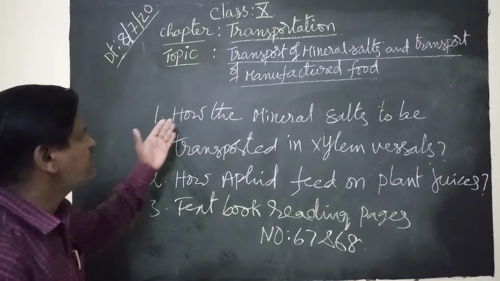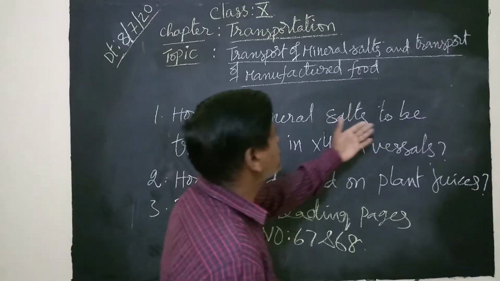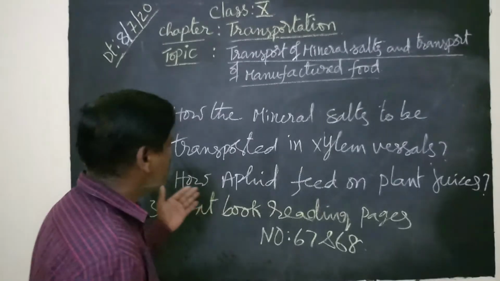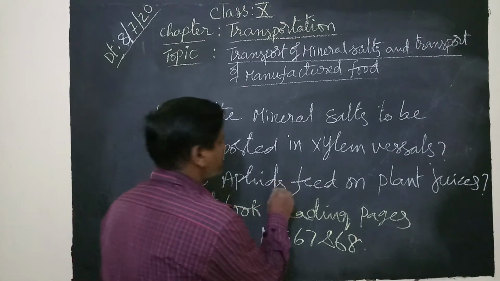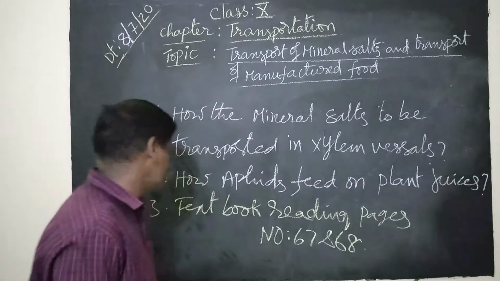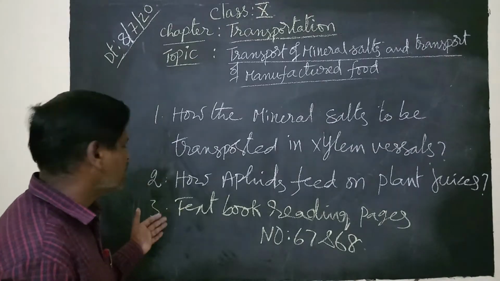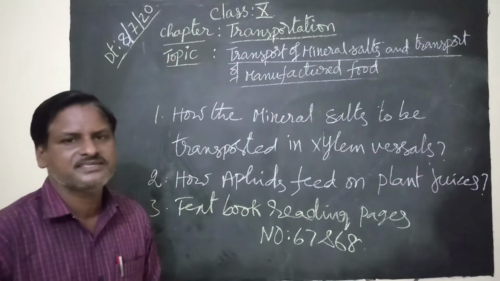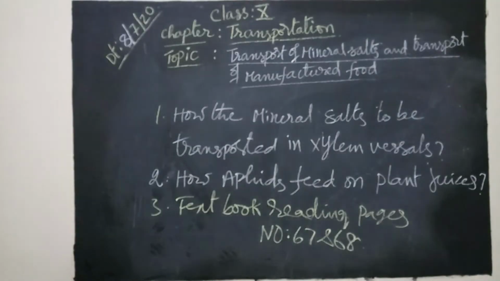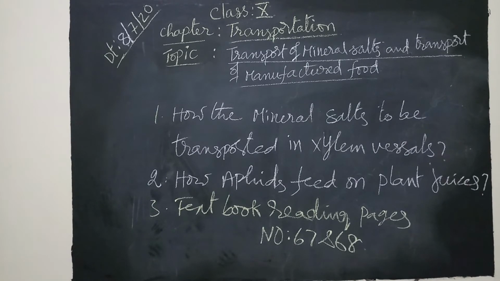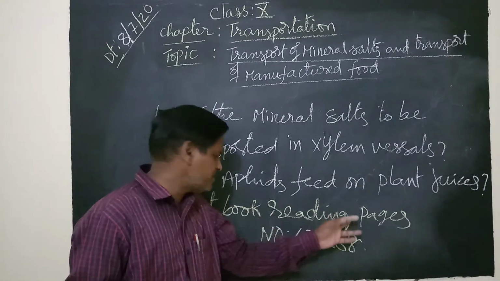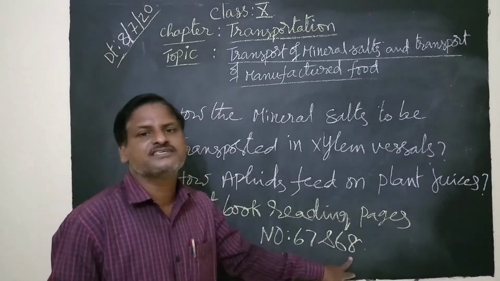So the first question is how mineral salts are transported in xylem vessels, the second is how aphids feed on plant juices, and finally the third question is textbook reading, pages 67 and 68. Note down, children. The last one is textbook reading, pages 67 and 68, children.